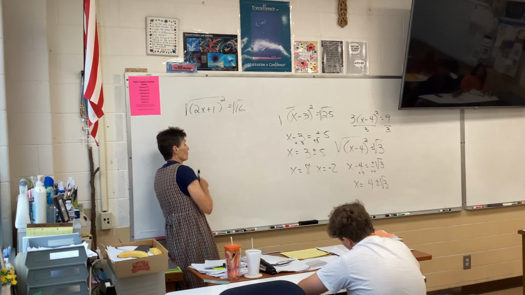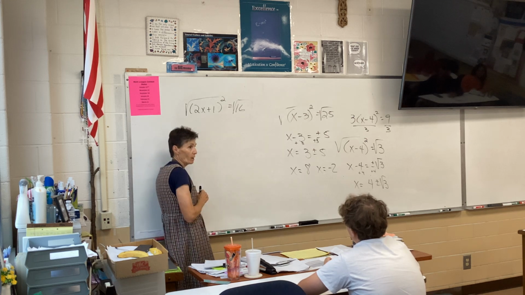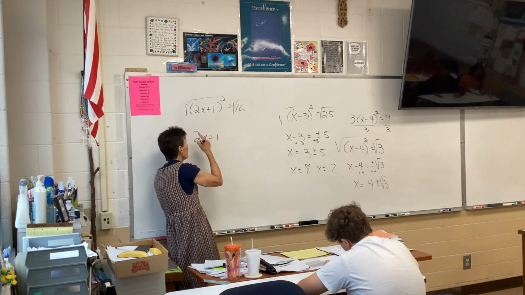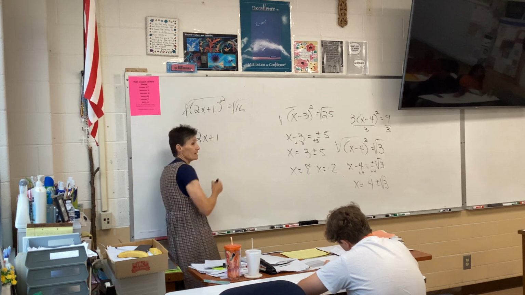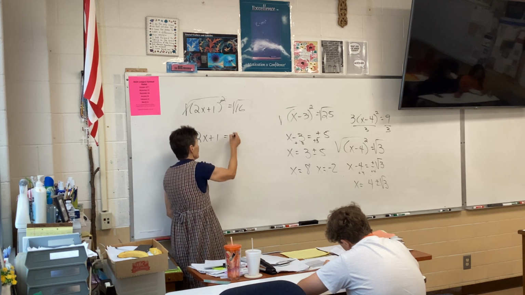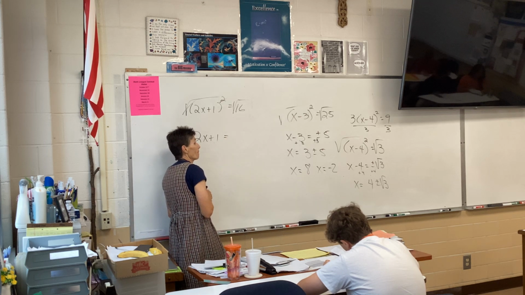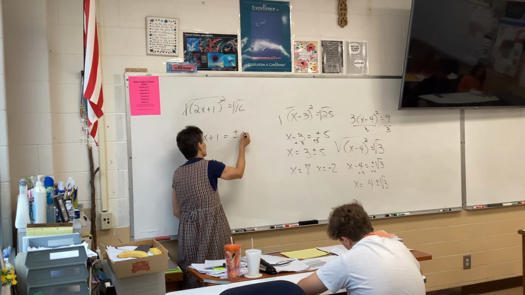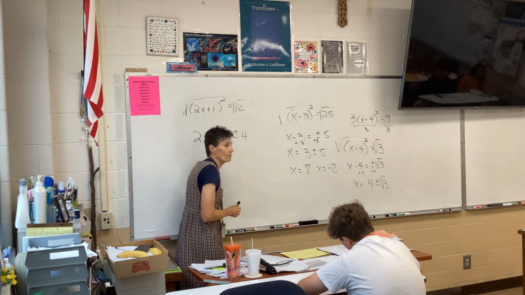What's the square root of 2x plus 1 squared? 2x plus 1. Remember, when you square root a square, they cancel. And what do I have on the other side? Not 4. Plus or minus 4. Yep, plus or minus 4.